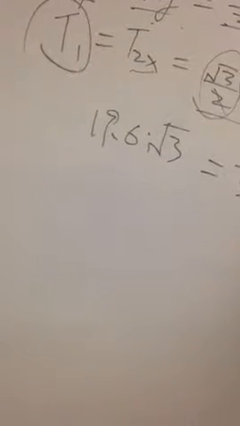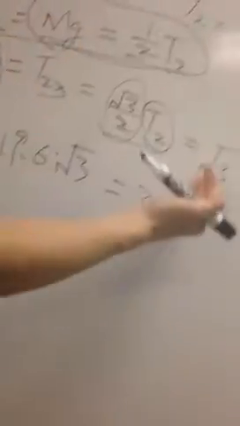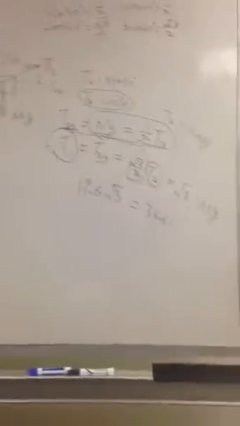Now, how did you get this T2? From this, T2 equals 2mg from here, right? Oh, okay. So you put it in here, and you will get T1. Okay, we can keep going.